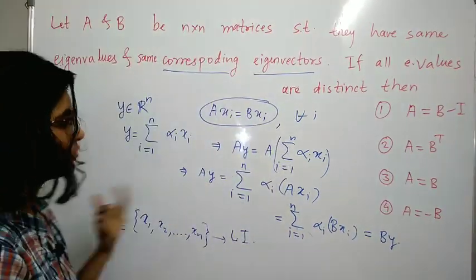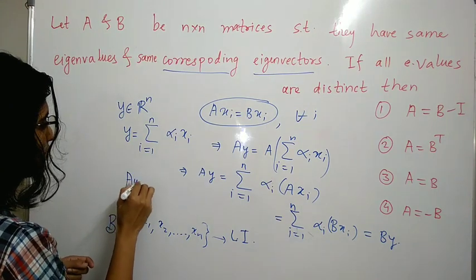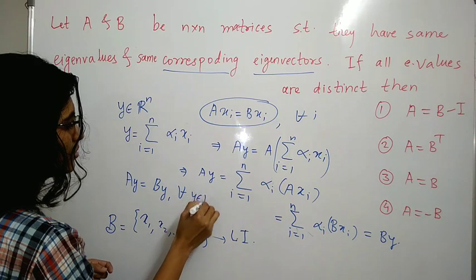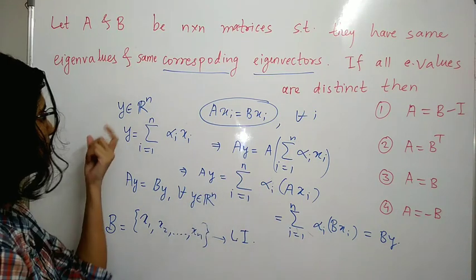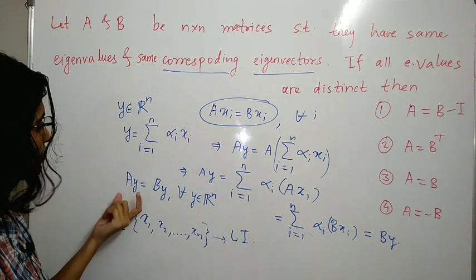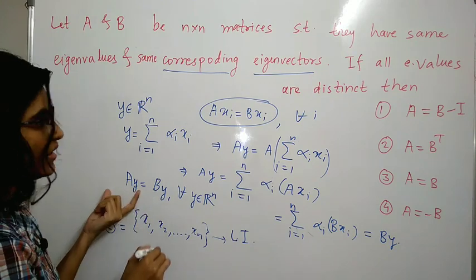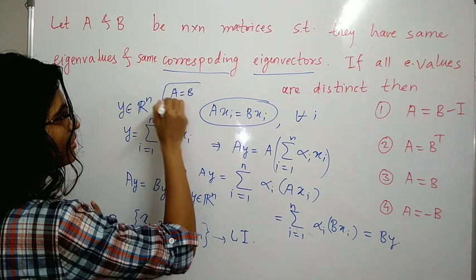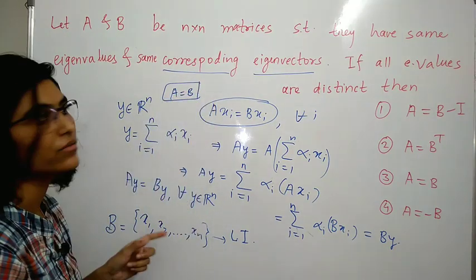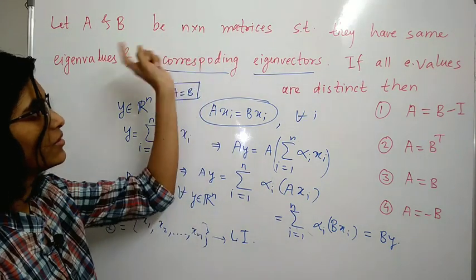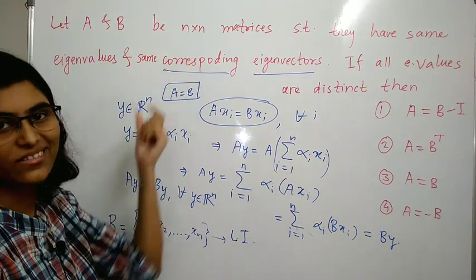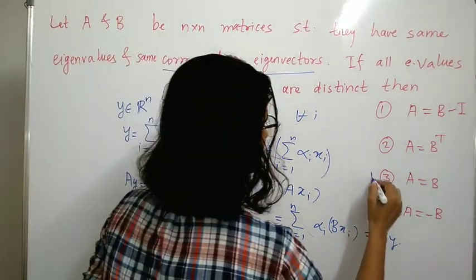So we have Ay is equal to By for all y belonging to Rn. This y was arbitrary, so A is equal to B. So whenever we have this condition on the matrices, these two matrices are the same. So A is equal to B.